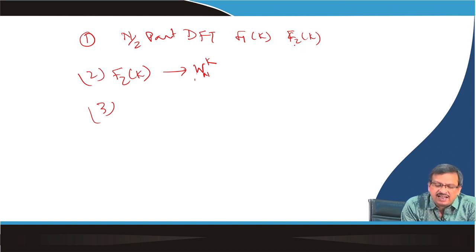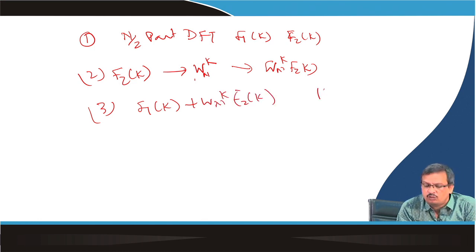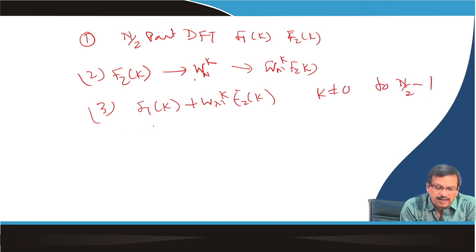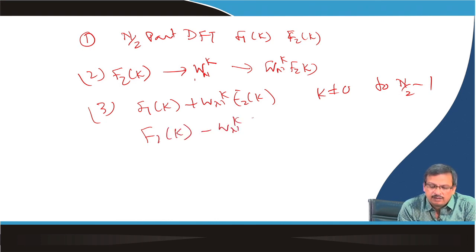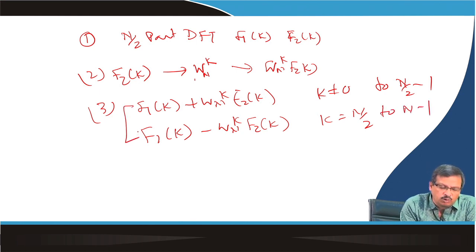So, in the second stage I am producing omega n k F2k. Now, F1k plus omega n k F2k for k equal to 0 to n by 2 minus 1, and F1k minus omega n k F2k for k equal to n by 2 to n minus 1. So, from these two equations I get X of k.